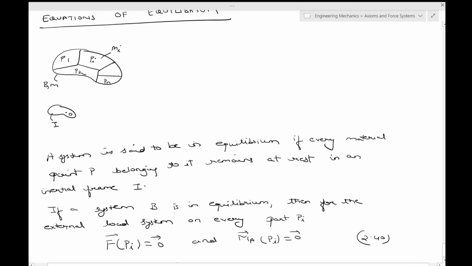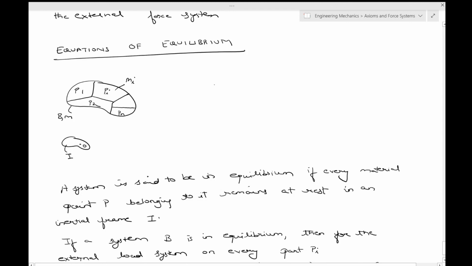Now what I draw over here is this Pi, this is Pi overall, and this is of a mass Mi. A point on this is P, this has a mass dm, and this has a velocity of P equal to 0.